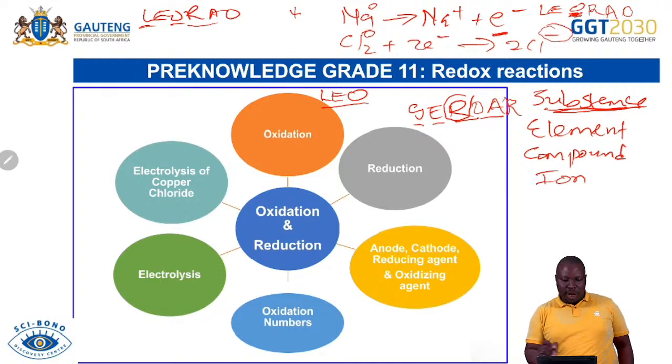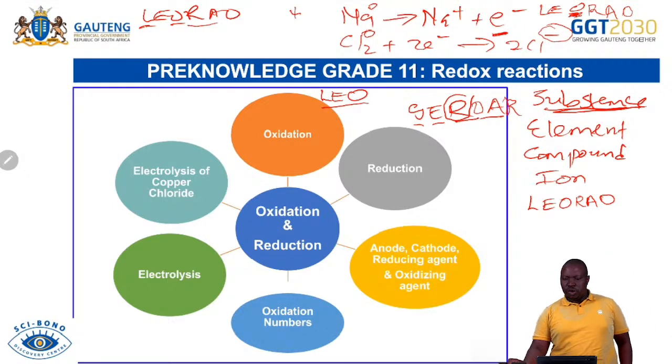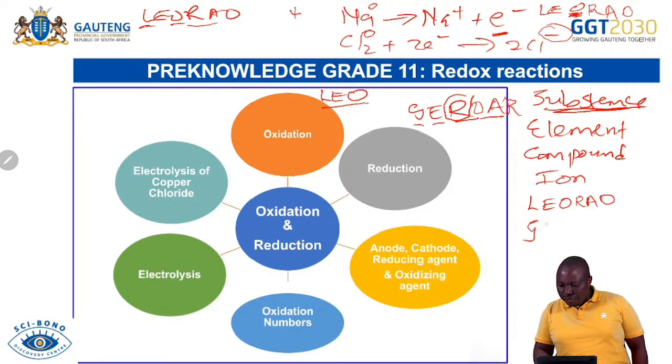So we say LEO RAO and GER OA. I want you to remember not to forget that we are saying loss of electrons is oxidation, and the substance that undergoes oxidation, we refer to it as the reducing agent, and that substance is oxidized. So remember that at all times. Now, when it comes to this one, we're saying gaining of electrons is reduction.